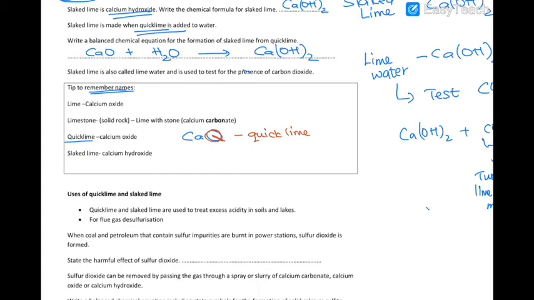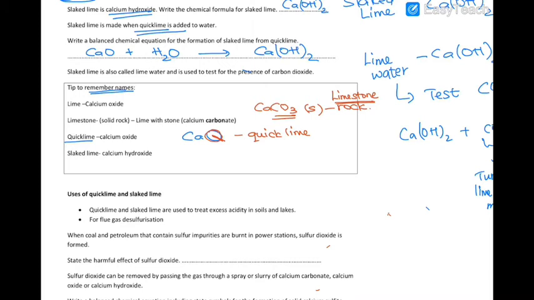And calcium carbonate, CaCO3, this is a solid, it's a rock, and all carbonates generally are insoluble, they are solids. So this is a rock. So this is limestone. Because it's a solid, a rock, this is stone, limestone.